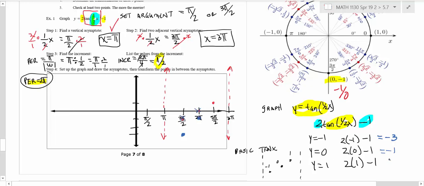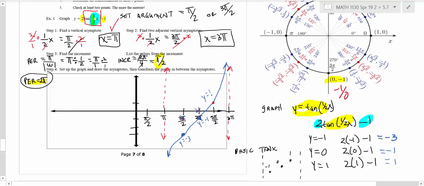And then this one's 2 minus 1, or 1, so that one stays the same. Then you just sketch it in like that. Once you get those points, you've got it. See, this point has a y value of -3. That's y equals -1, and that's y equals 1. That's how you put it together.